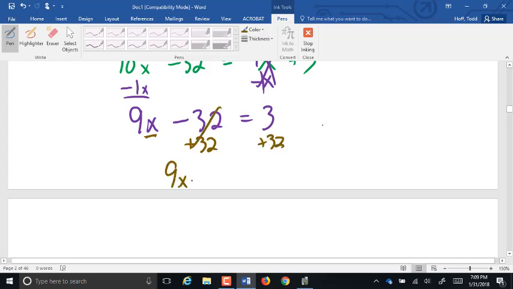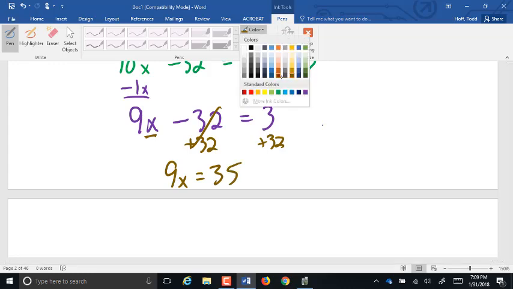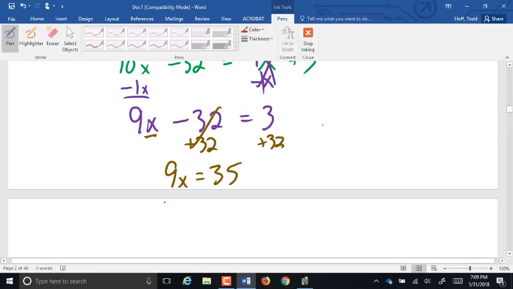So 9x equals 35, and then divide by 9. X equals 3.88888888. 3 8/9 or 3.89, either way.